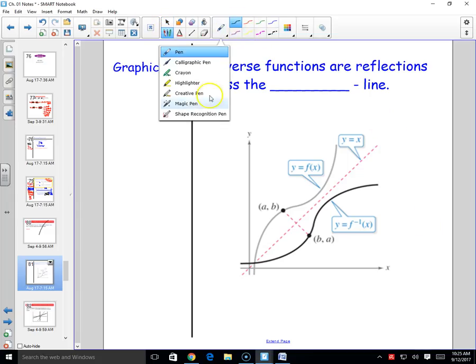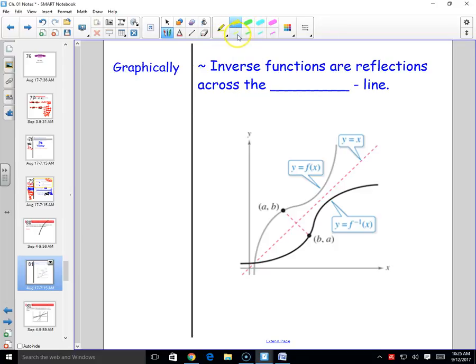Some of you were able to remember from last year that to solve for the inverse, you do switch the x and y. If you switch the x and y, the points switch. You take an (a, b) on one graph, it ends up being the (b, a) of the inverse. So all the points switch. And that's why all the domains and ranges switched.